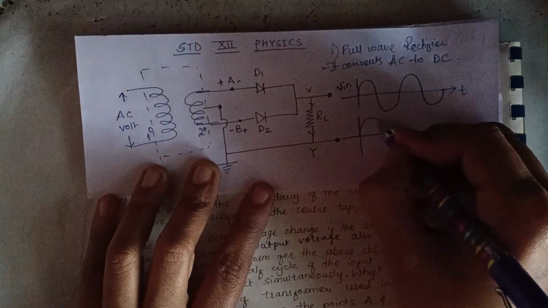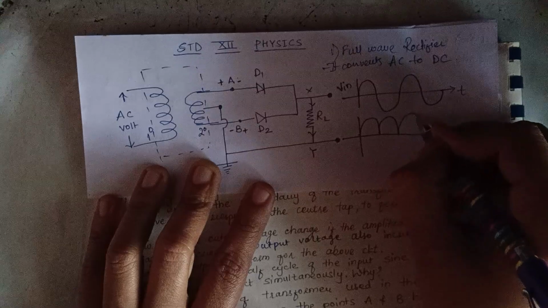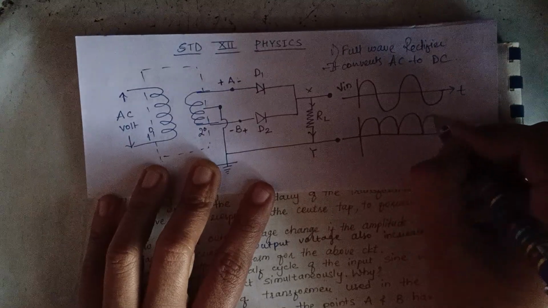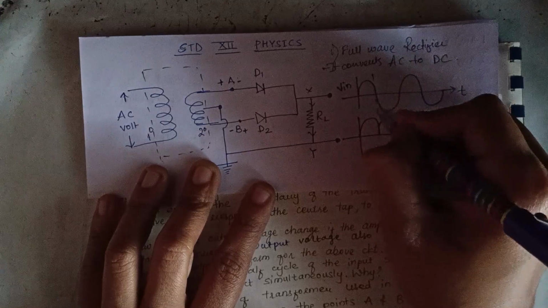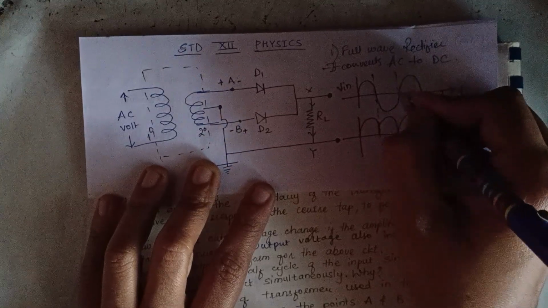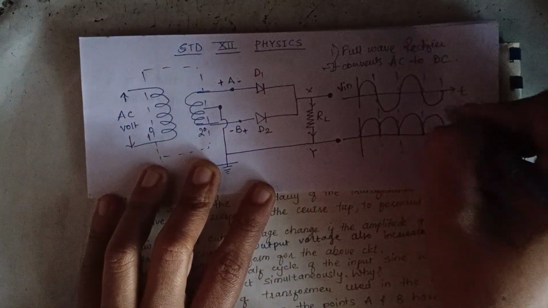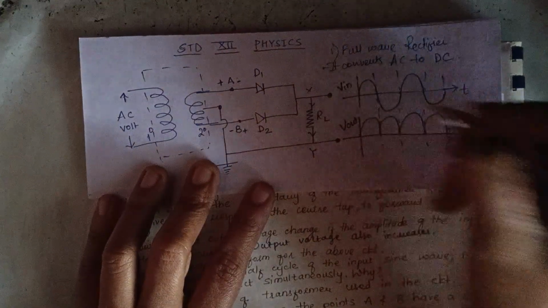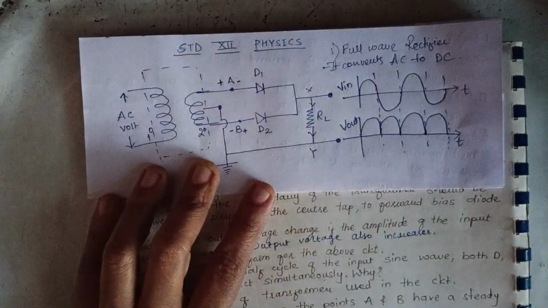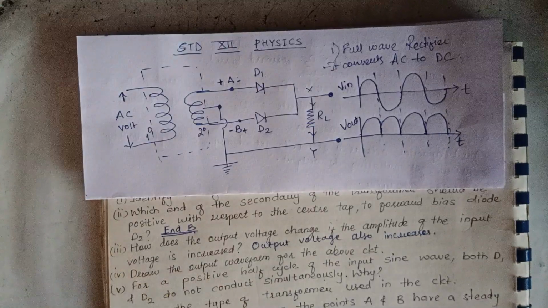So, we get this. For the negative half cycle we get output, for a positive half cycle also we get output. That's why it is called full wave rectifier. Now this is a waveform.